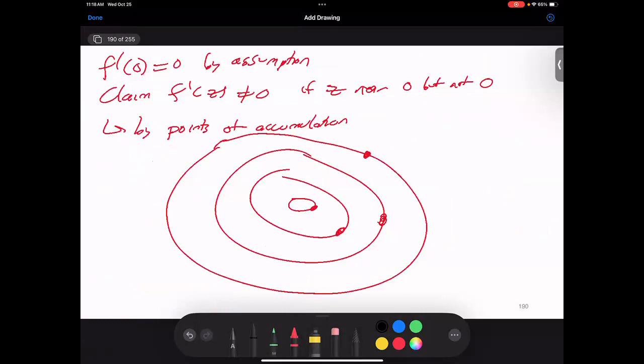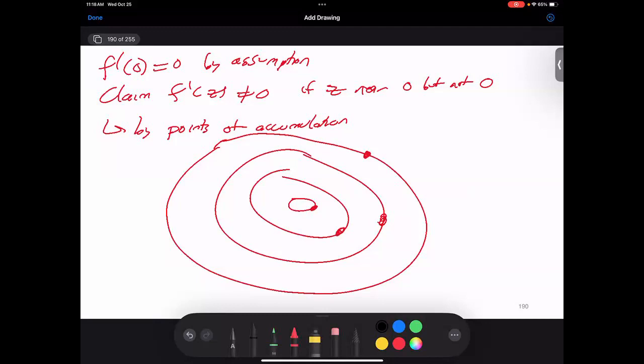So if we know f prime is not 0 at 0, there has to be a neighborhood about it where it's never 0. Otherwise, there would be infinitely many points getting closer and closer, and then they would accumulate, and we know that f prime is not 0 at 0, so we can't have points accumulating. So, yet again, the accumulation theorem comes to our rescue.